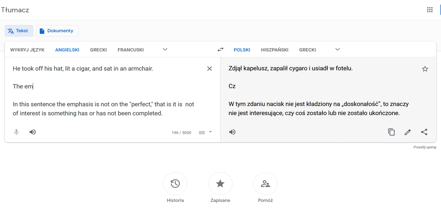The emphasis in this sentence is on the successiveness.